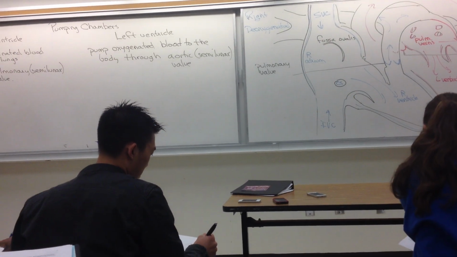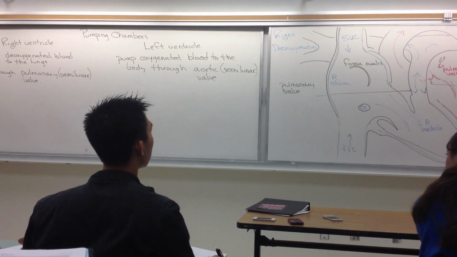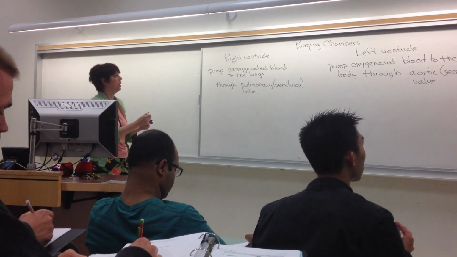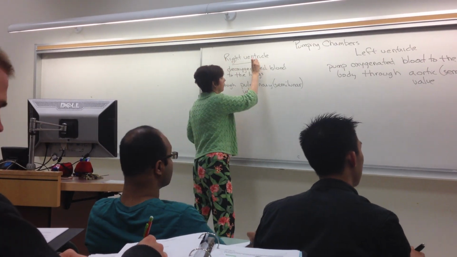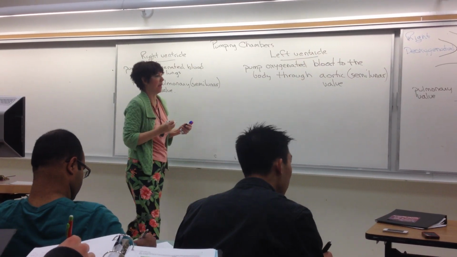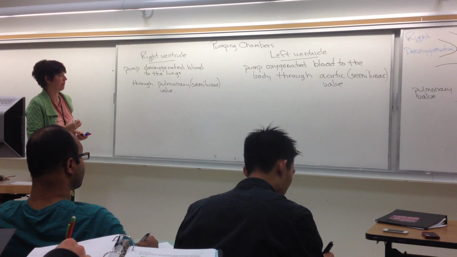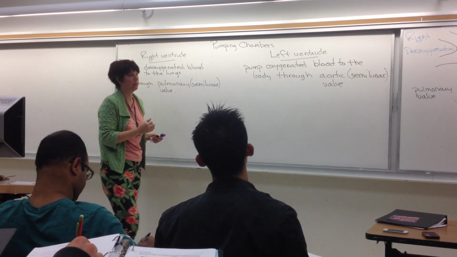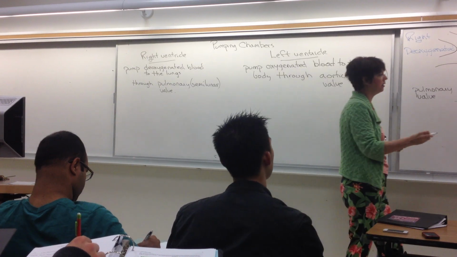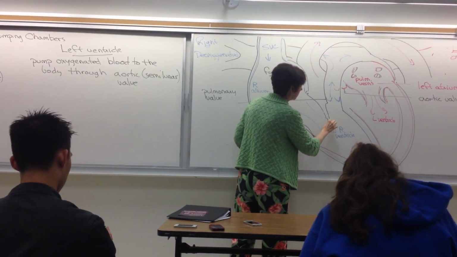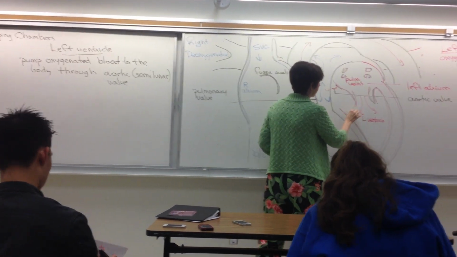Okay. So now before we talk about the vessels that the blood is going to by passing through the valves, let's talk about the structures of the ventricles, and they have the same structures, just different amounts for almost everything. The valves that we see here, because they're under great pressure, have strands of collagen fibers attached to them.